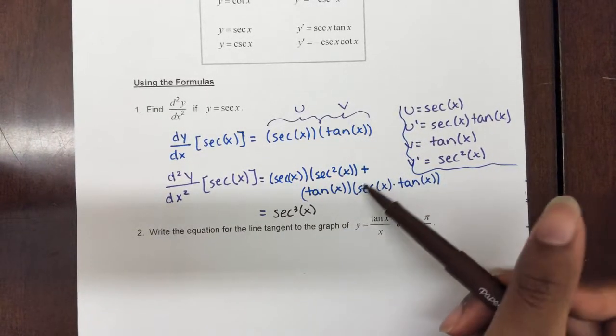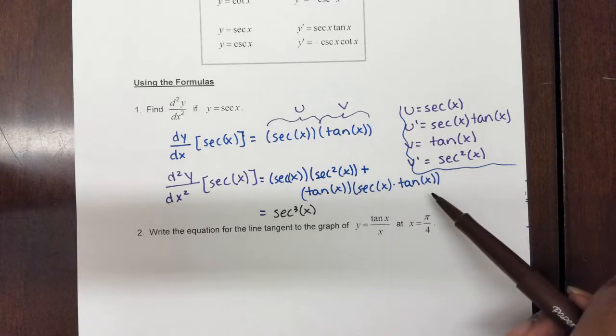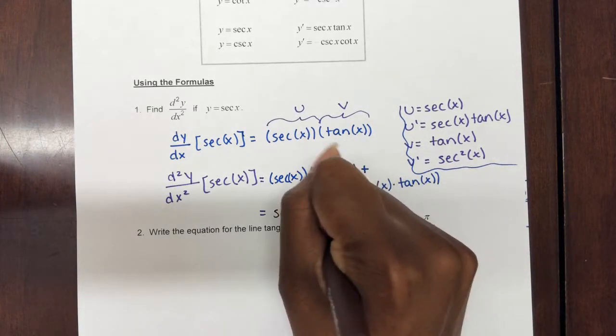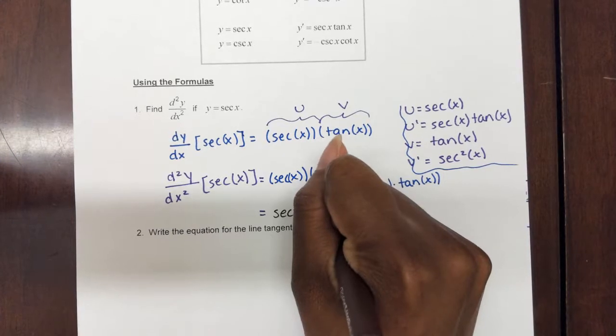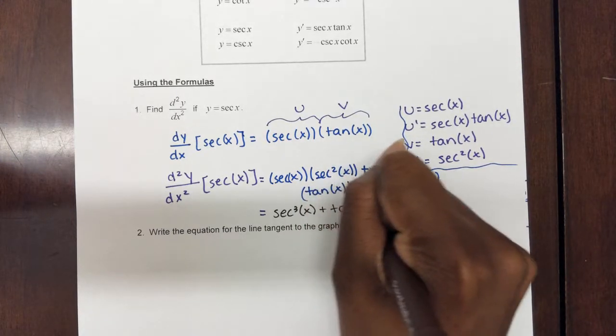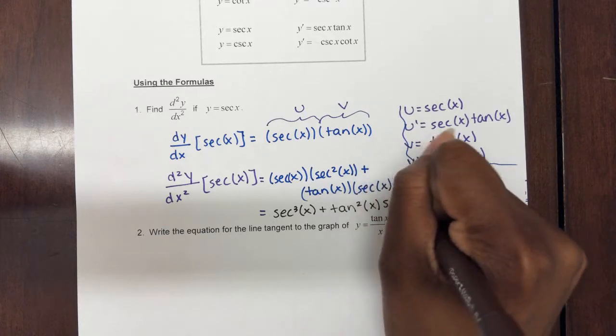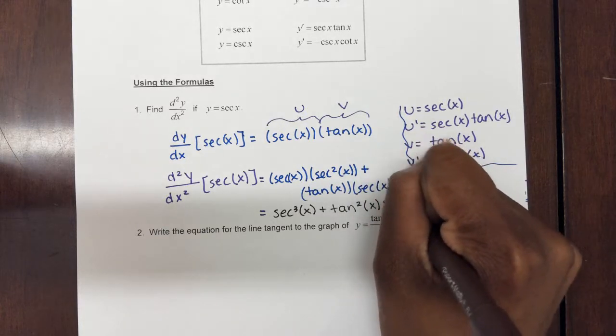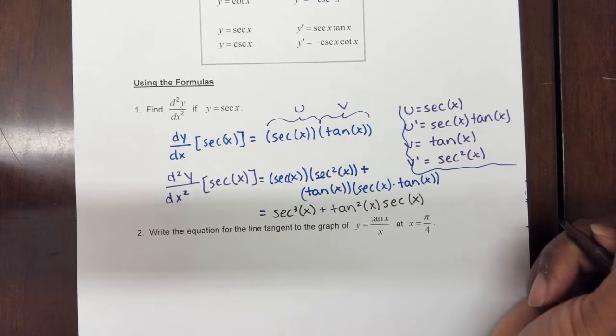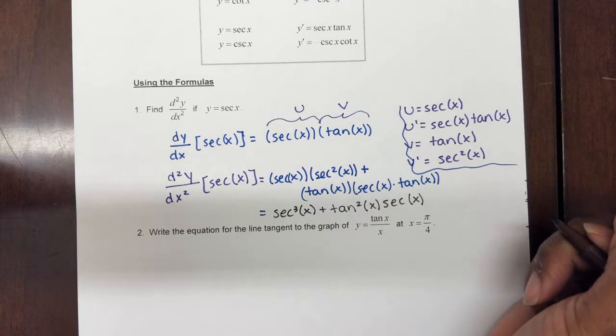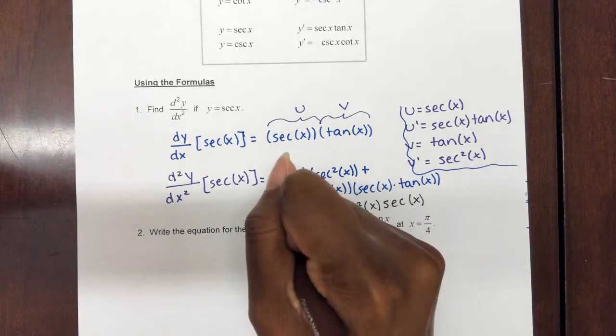And then down here, we get tangent times secant times tangent, which gives us tangent squared x times secant. And that's our final answer.